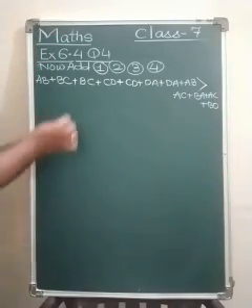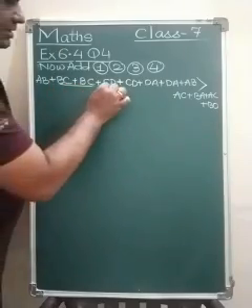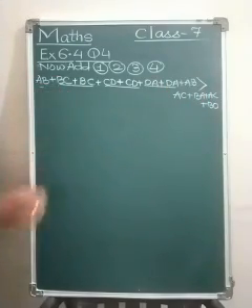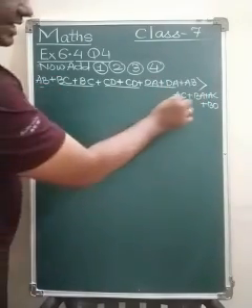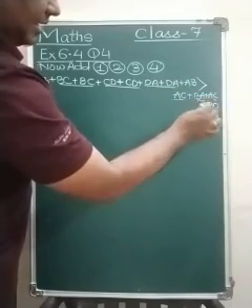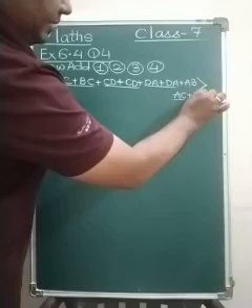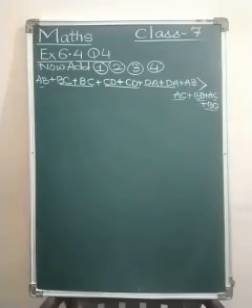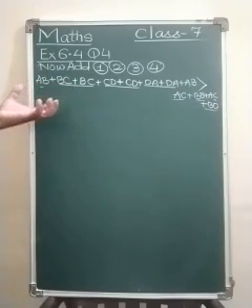Now here we can see that BC and BC are common, CD and CD are common, DA and DA are common, AB and AB are common. Here also we can see AC and AC, and BD and BD. So all these are common terms. So we will gather them together.